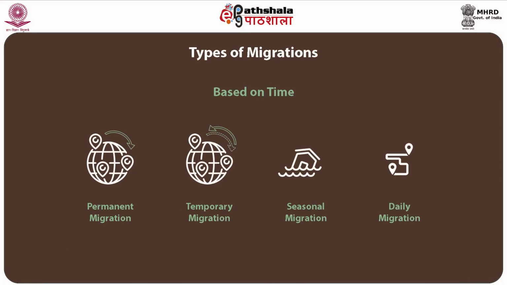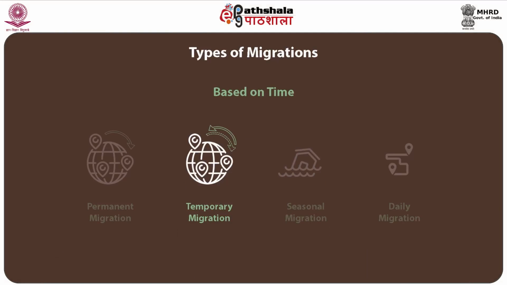Different distinctions are made to understand the types of migration. Firstly, there is permanent migration, temporary migration, seasonal migration, daily commuting, etc., which can be classified based on the duration of stay of a particular person. In permanent migration, people shift to new places for the whole of life or never go back to their native place.